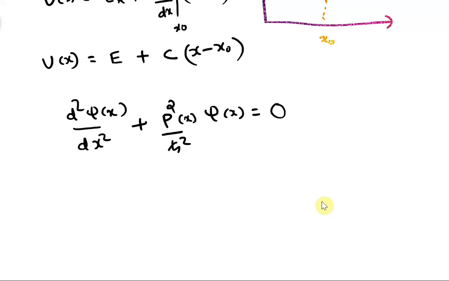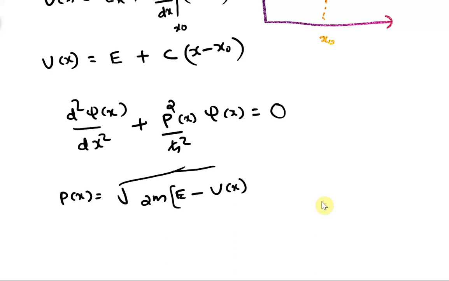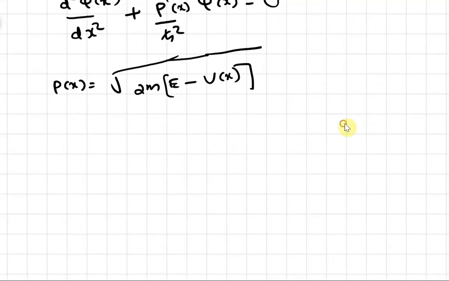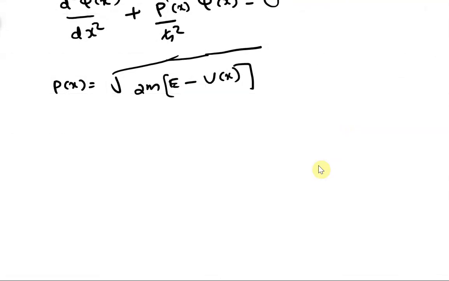And what is this p of x? P of x is nothing but root of 2m times E minus V of x. Okay, so at the region that I am interested in, I have an expression for my potential, and I can modify this by just substituting that value.